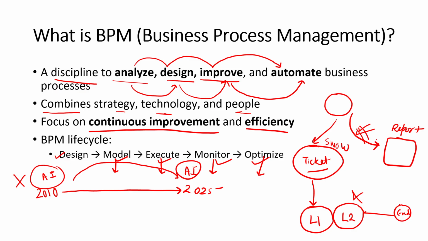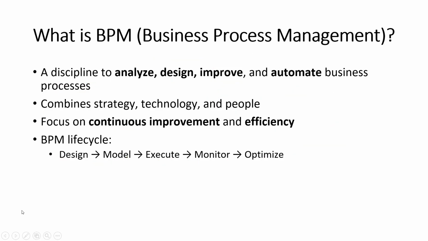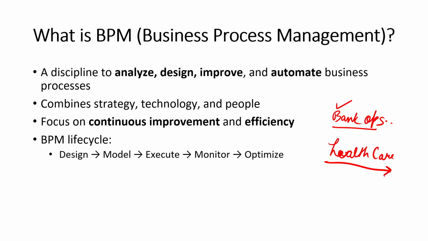It can be a snow ticket, it can be any other thing, or it can be a big process which includes automation. Business process management is nothing but the running processes in our business. It can be in any kind of domain. It can be a financial domain where bank operations are there. It can be a healthcare project where research is going on and they want approvals on their research.